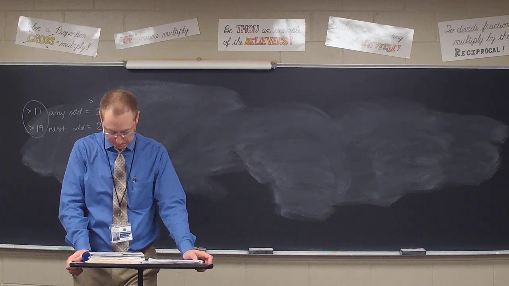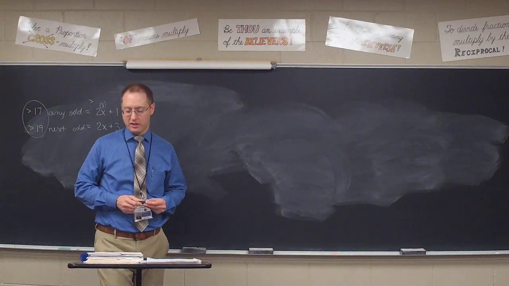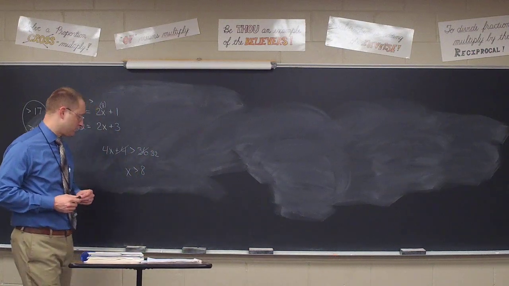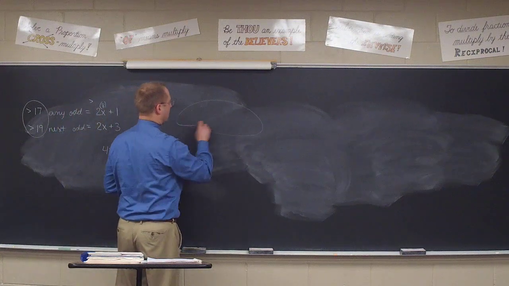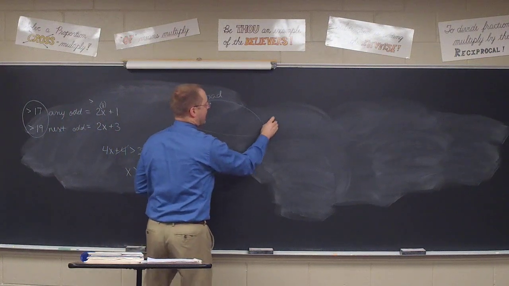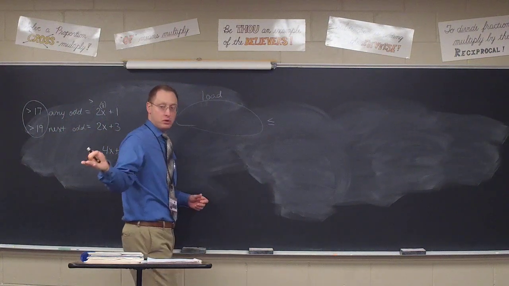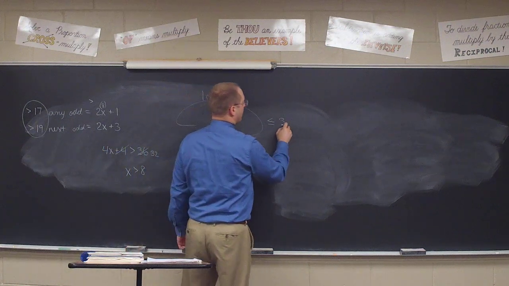What do you think, Everett? Well, what does maximum mean? Let's start with that. Less than or equal to? Less than or equal to. So the load as a whole has to be less than or equal to 32,000.